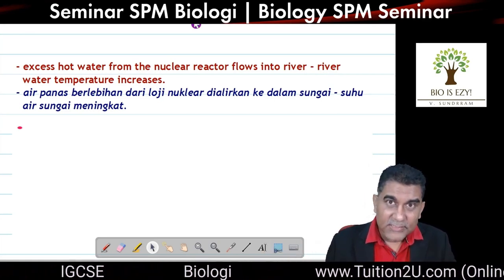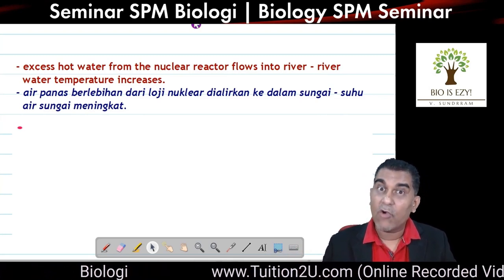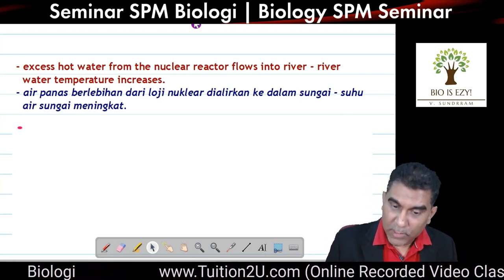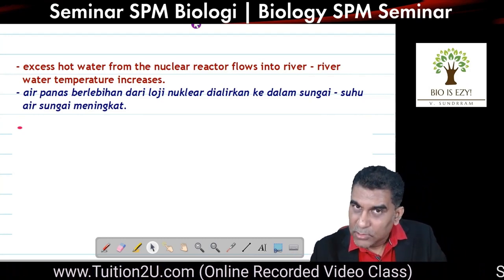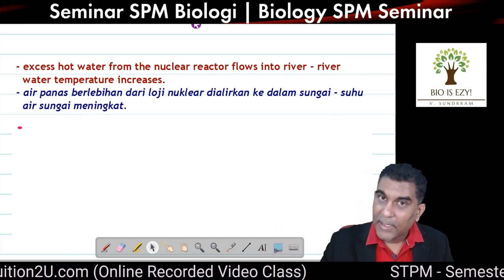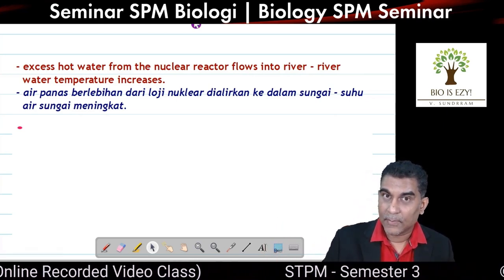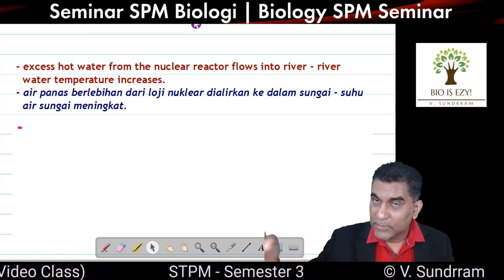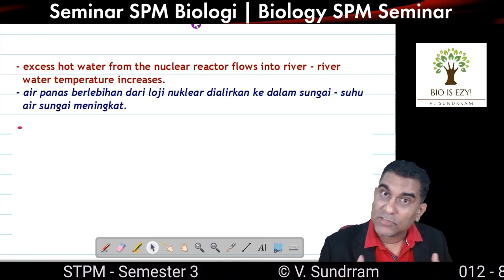So the bacteria inside the water, the decomposers inside the water, how much oxygen they need, how much oxygen they use. Keperluan oksigen biokimia. Bakteria pengurai yang ada dalam air itu, berapa banyak oksigen yang dia gunakan. Bacteria, decomposing bacteria that are found inside the water, how much oxygen they use.